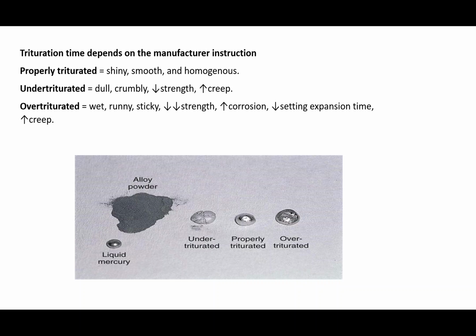Sticky means it sticks inside the capsule and is difficult to remove. Both under-trituration and over-trituration decrease strength and can increase creep. Creep is the deformation of amalgam under stress, and we will talk about creep later when we speak about the properties of amalgam.